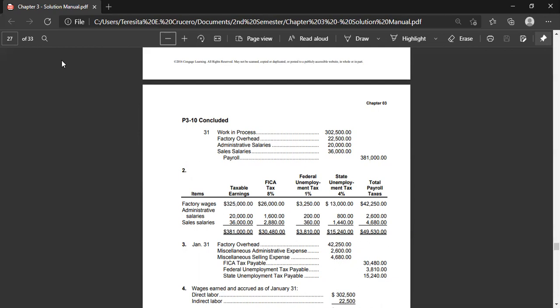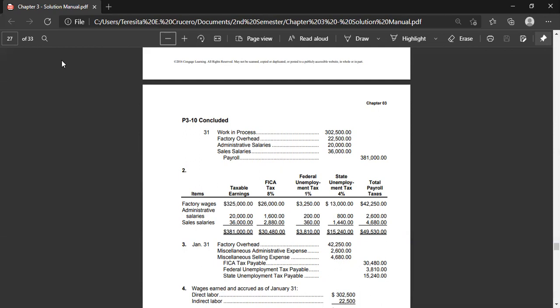So we have now the taxable earnings. Here we have the taxable earnings for 325 in requirement number 2, no? So the FICA tax and administrative given. So we have the total of factory wages, the sum of 302,500 and 22,500.